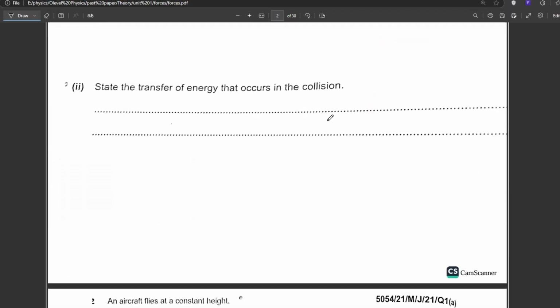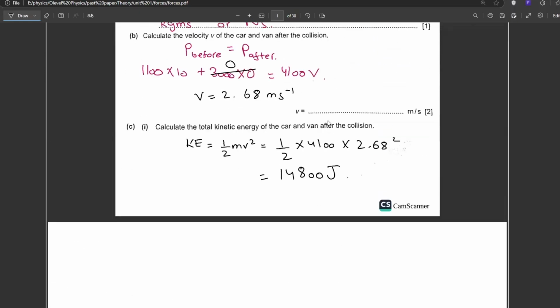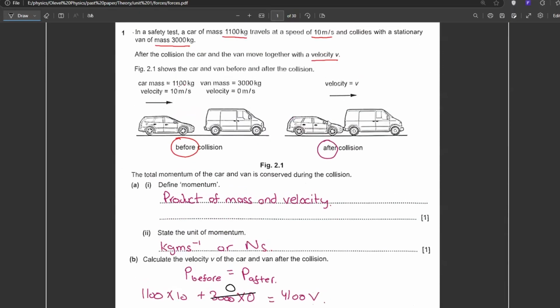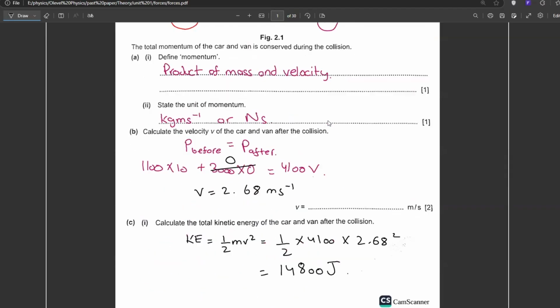Let's further move ahead. State the transfer of energy that occurs during this collision. What is the energy transfer during this collision? Obviously, as you can see, the cars are getting attached to one another. So at the point of collision, there will be some amount of heat release.